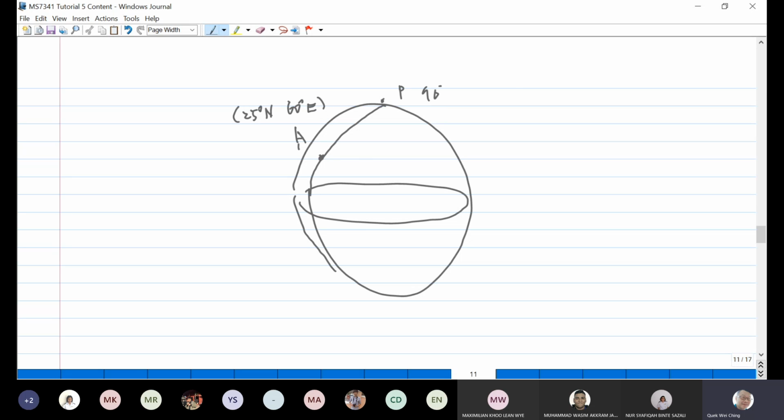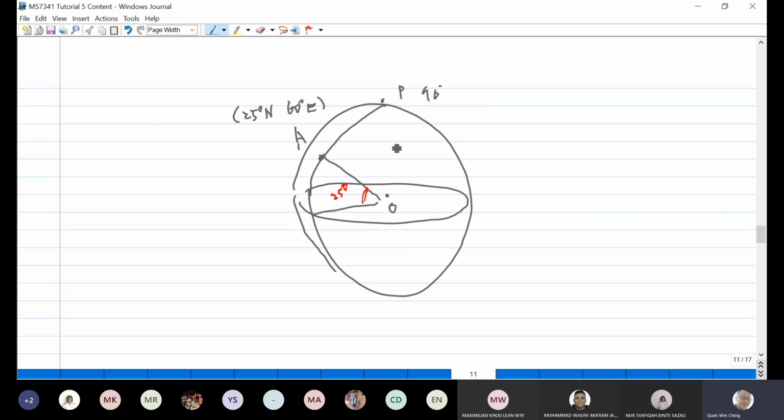Let's see, so that means the center of the Earth. So that means what? From here to here, if we are 25 north, that means this angle is 25 degrees. This angle from the center of the Earth to the point A is 25 degrees.